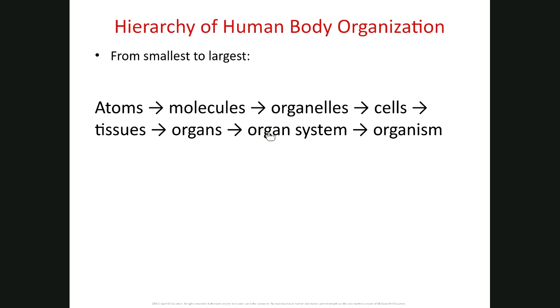All of these work towards a similar goal, and that is the digestion and absorption of food. So it's considered an organ system. And then once you have your whole collection of organ systems, then you are considered an organism. So you should definitely know this hierarchy of the level of organization of the body.